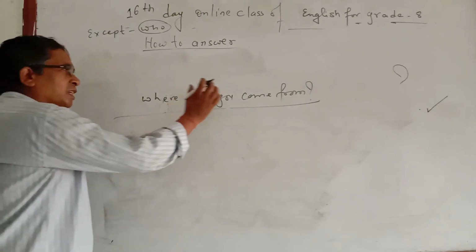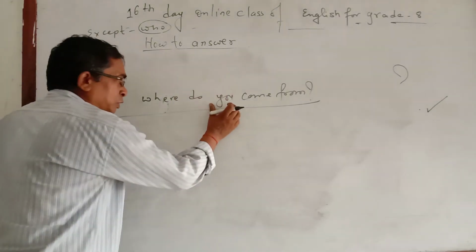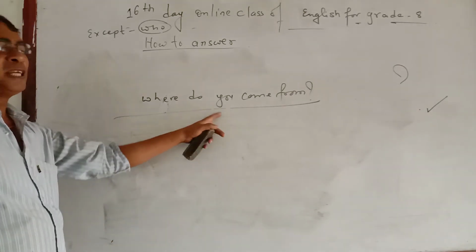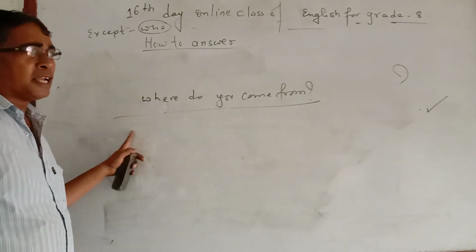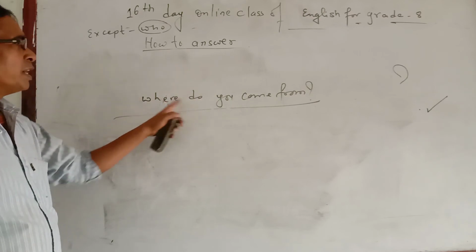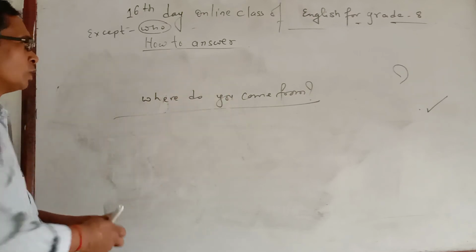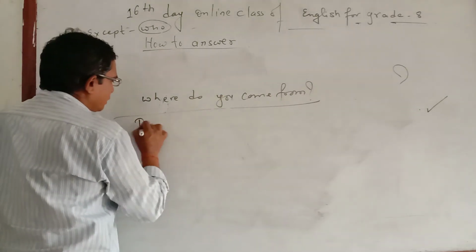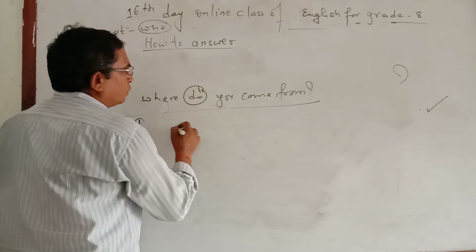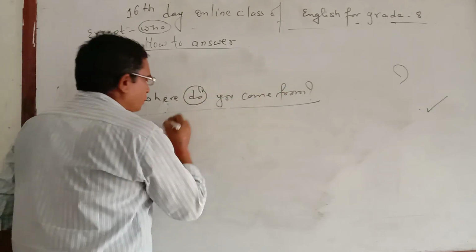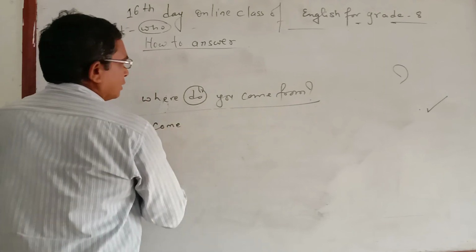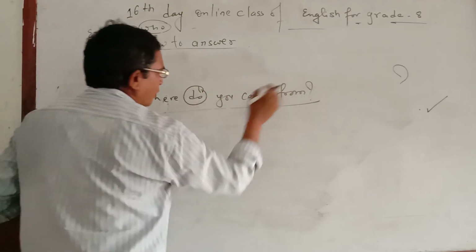So as I told you, if there is a second person you, then if you are isolatedly one person, you can write as a subject I. If in a group, then you should write we. But here, where do you come from is related to one person. So here as a subject you may write I, and after that here is the helping verb do. Do means you need to write verb 1. So the verb 1 is: where do you come from, not where do you live.